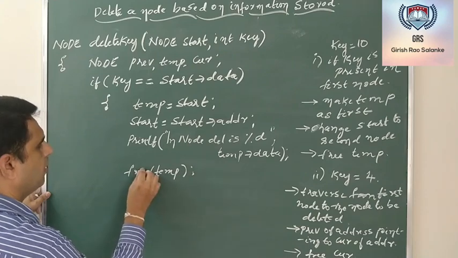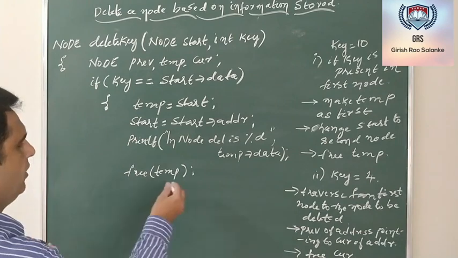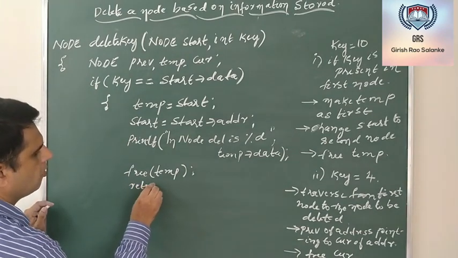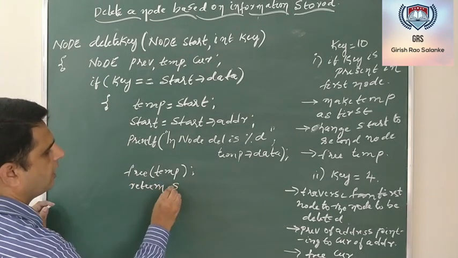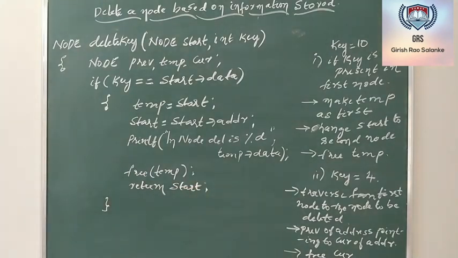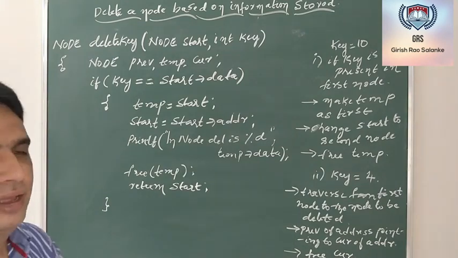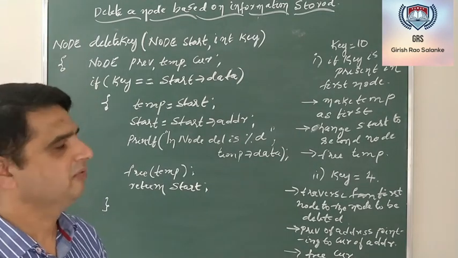Please note that whenever we are performing the deletion operation, we should deallocate the memory. So free of temp, return start. This was my first part. This is my case 1, if the key provided is there in the first node itself.